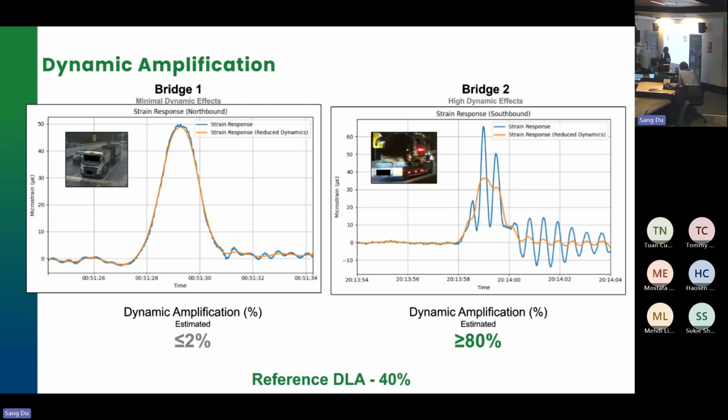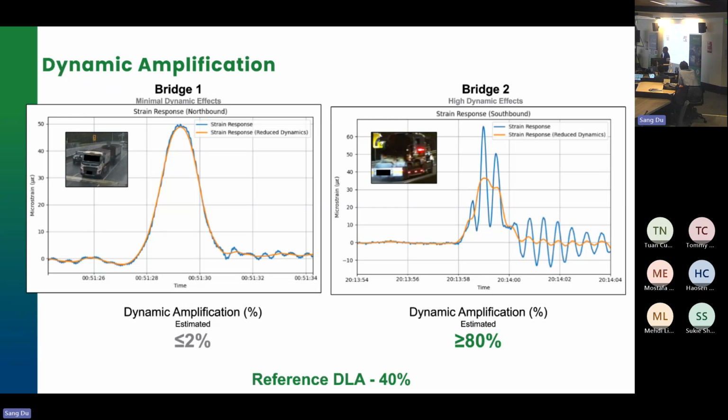Another interesting thing that we discovered as part of the process is around dynamic amplification. The reference dynamic load allowance in the code is around 40% for highway traffic, and it is so variable. It depends on the wearing surface, your expansion joints, and all those sorts of things.